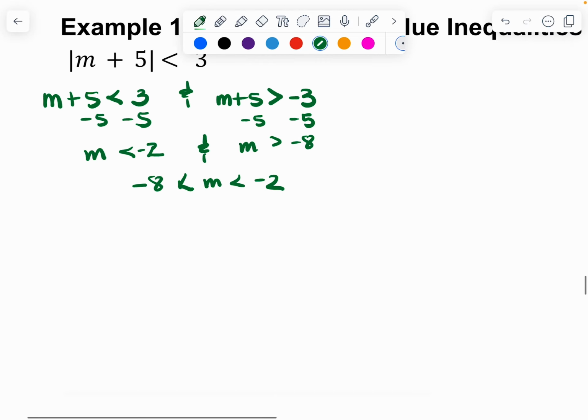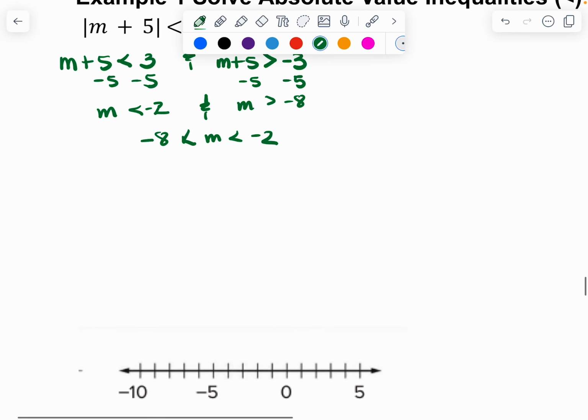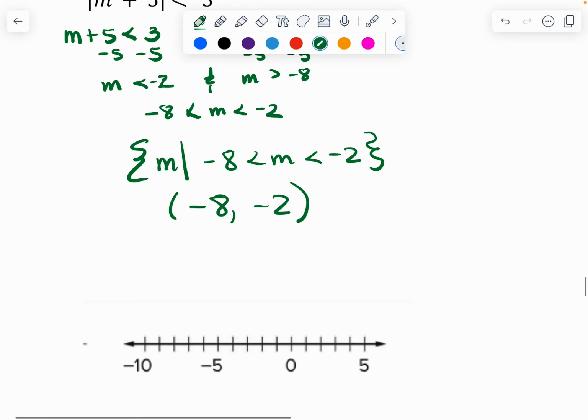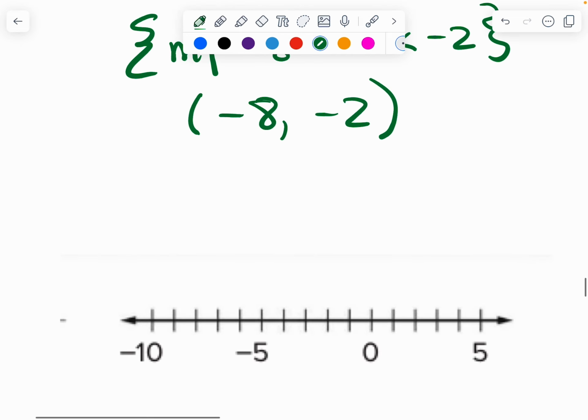I'm going to write this in set builder notation. M such that negative 8 is less than m, which is less than negative 2. And if I was going to write it in interval notation, negative 8 to negative 2, not including negative 8 and negative 2. And if I'm going to draw it on my number line, negative 8, negative 2, and all in between.